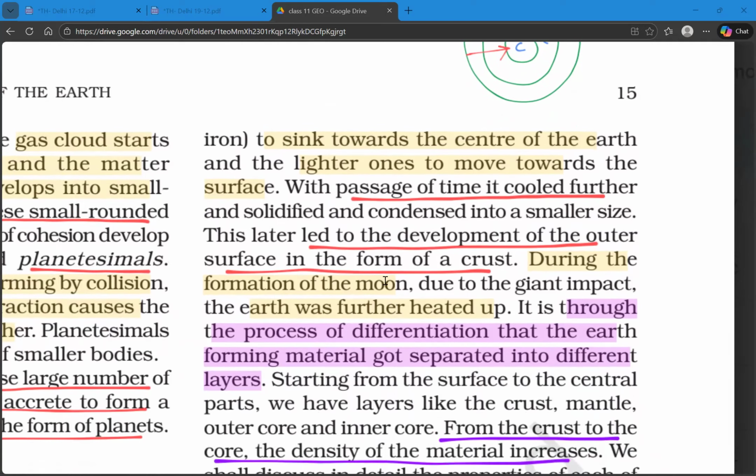During the formation of the Moon and due to the giant impact, the Earth was further heated up, and it is through the process of differentiation that the Earth forming material got separated into different layers.